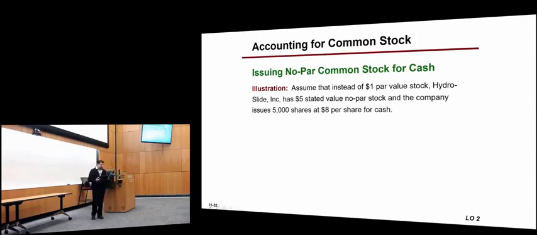It has $5 stated value, no par, and they are issuing 5,000 shares. How much cash is the company getting? Cash will depend on the market, so cash will be debited 40,000. This is based on the market.